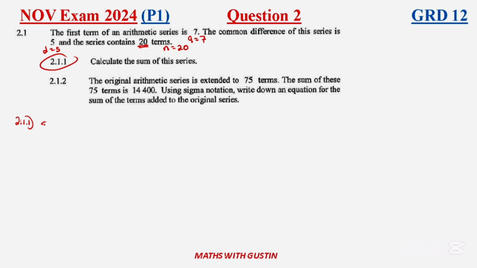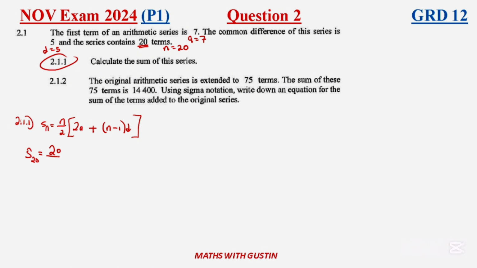We're going to use the formula Sn is equal to n over 2 bracket 2a plus n minus 1 d, close bracket. So we already know what a is, so we're looking for S20, the sum of 20.